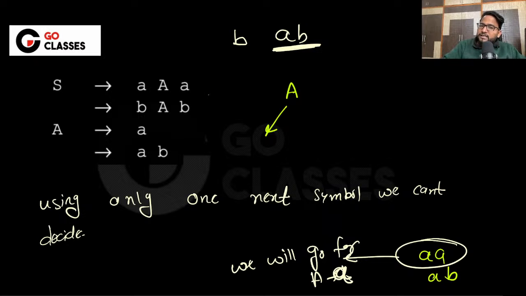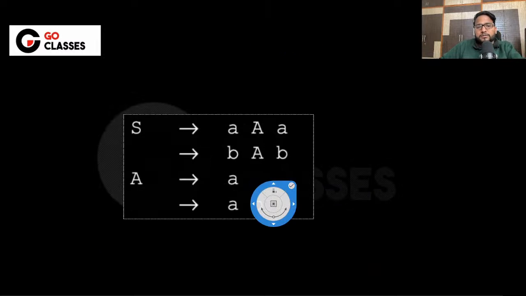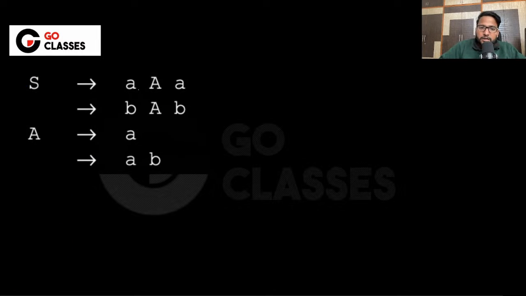Now, what I'm saying here is that if next is AB, then maybe you don't know. See. Let's suppose that the string is, let's suppose, A. So these are the strings possible, right?